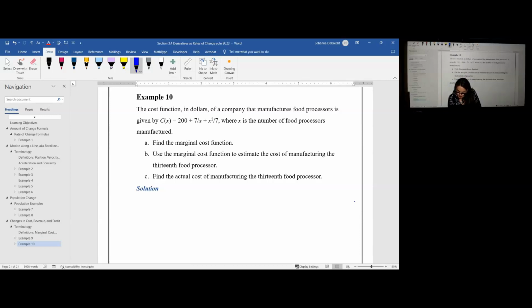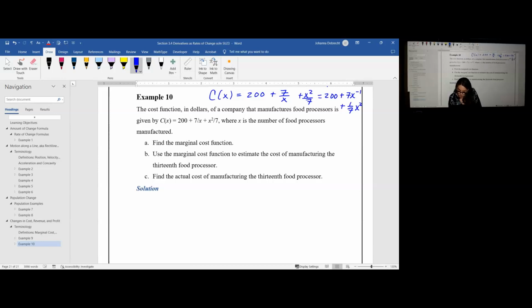Let's find the marginal cost function first. In this particular case, we may want to rewrite the cost function in a slightly better form for taking the derivative. I'm going to rewrite 7 divided by x as 7x to the negative 1, and x squared divided by 7 as 1/7 x squared.